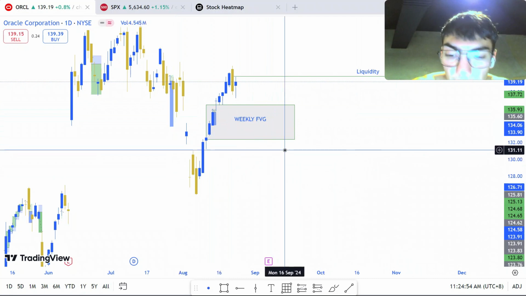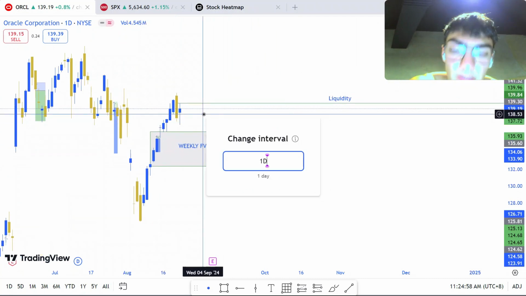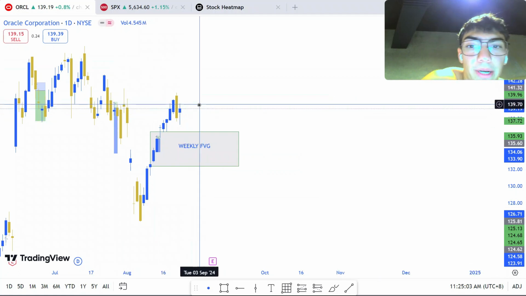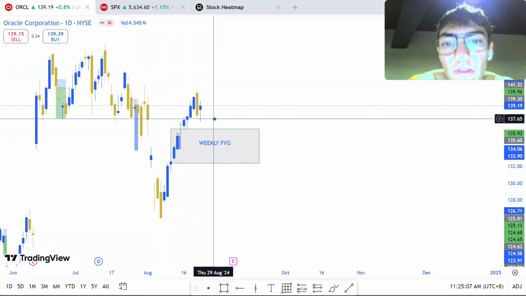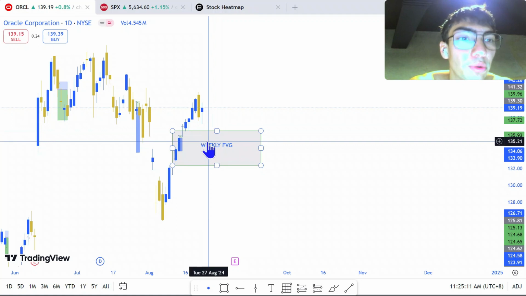So, there's a weekly fair value gap within here. Daily is not saying it's bearish or anything. We're in fact bullish. So therefore, once price hits this weekly fair value gap, then I would look for a longer entry.